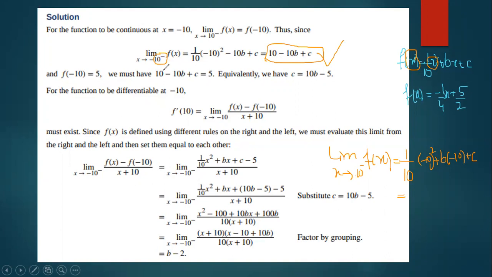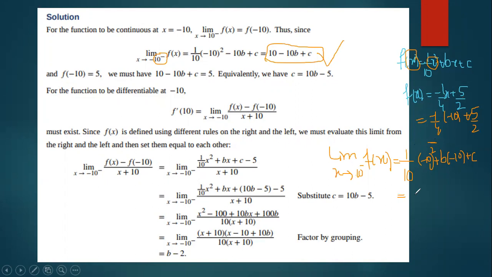Okay, and f of minus 10 equals 5. So for the second function, f of x equals minus 1 upon 4 x plus 5 upon 2, putting in minus 10: minus 1 upon 4 into minus 10 plus 5 upon 2.